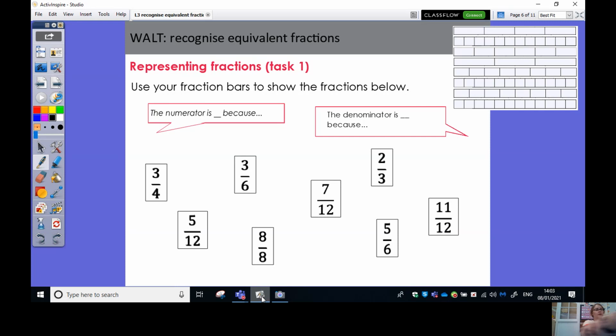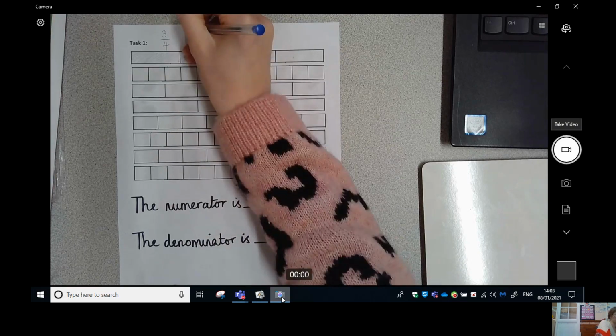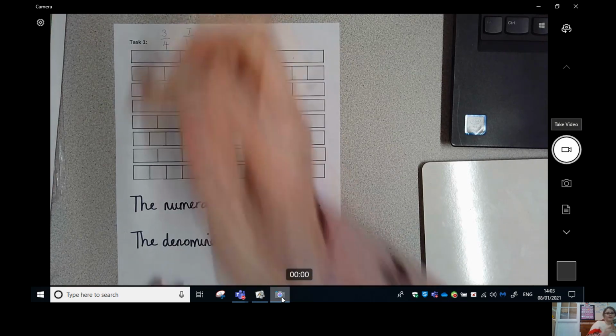So the next one I'm going to choose is, let's go with a tricky one. I'm going to do 7 twelfths. Okay. So I'm going to pop the visualizer back on. This time we're going to be looking for 7 twelfths.